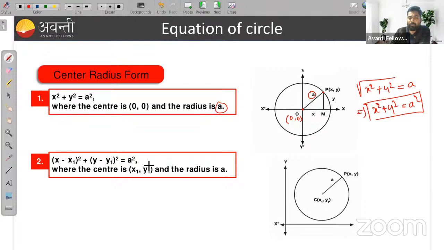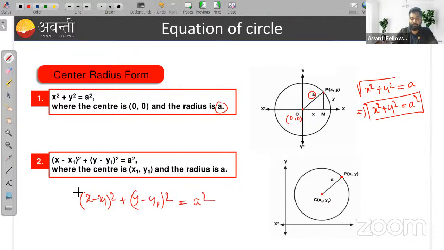Similar process, if you derive the equation, this is my point P, which is the moving point, and this is my fixed point, that is center C. So the distance between P and C is under root of (x minus x1) square plus (y minus y1) square, which is equal to a.